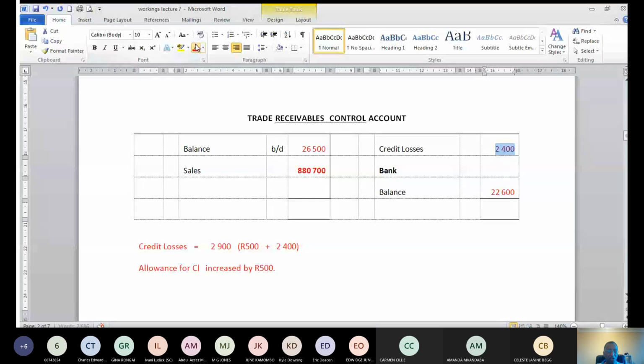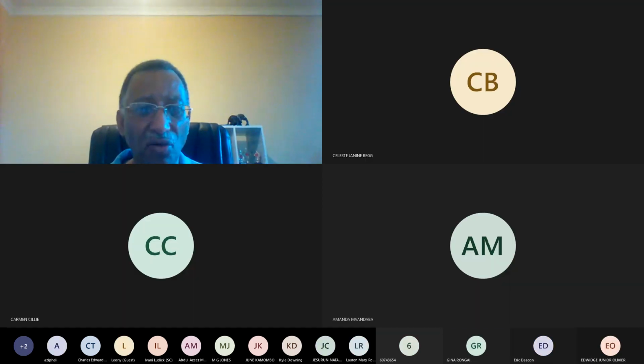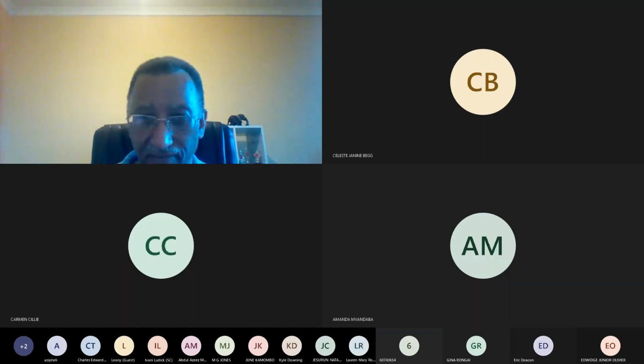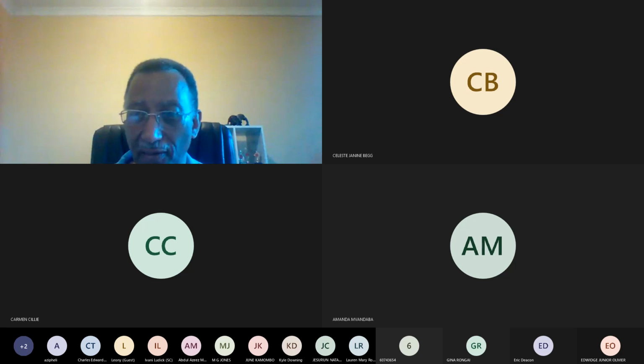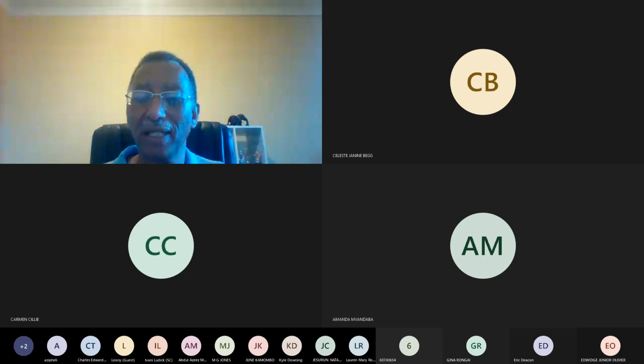So just a reminder, just to explain that again to you. If you have got allowance for credit losses, and your allowance for credit losses has increased or decreased, you must remember that the allowance for credit losses will impact on your credit losses.